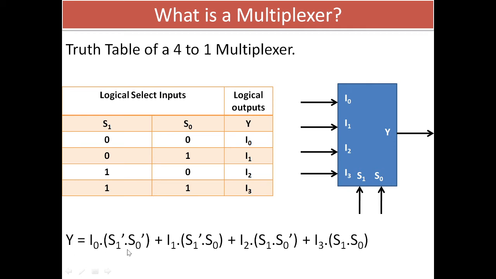If we get the sum of product form, it is Y equal to I0 S1 bar S0 bar, since the product term for this will be I0 S1 bar S0 bar. Similarly, the next term will be I1 S1 bar S0, the next one I2 S1 S0 bar, and the fourth one I3 S1 S0.